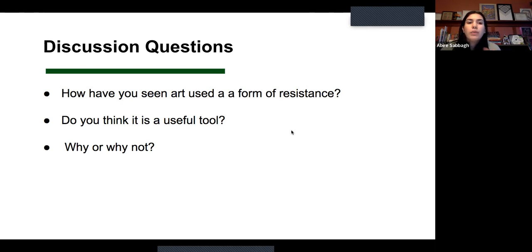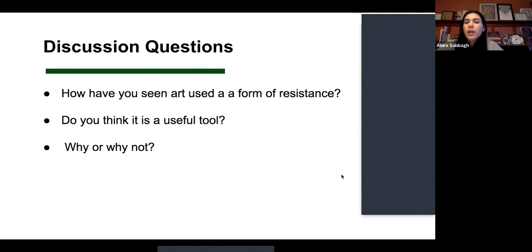We can revisit this last question of whether it is useful towards the end, and maybe we'll see if any of your minds changed in case you've said no. But to start off with the first question, how have you, if you have, seen art used as a form of resistance? This doesn't have to be just for Palestine, it could be in general if you've seen it used.